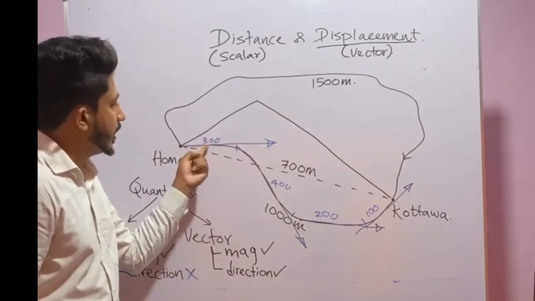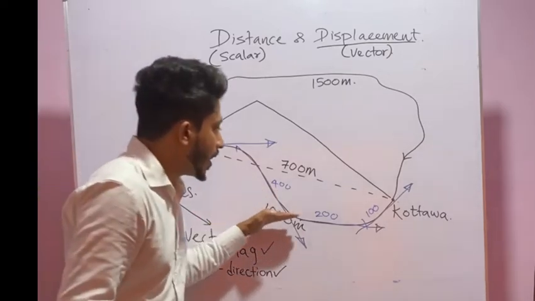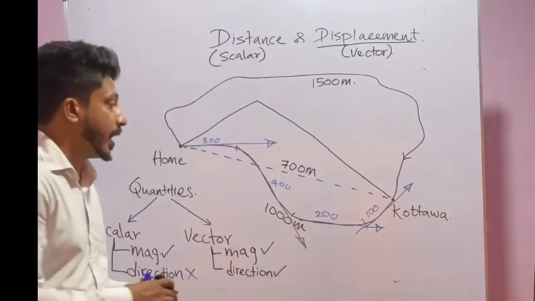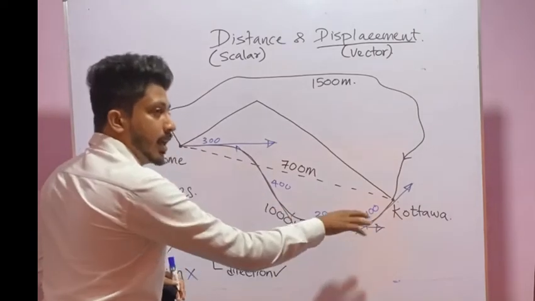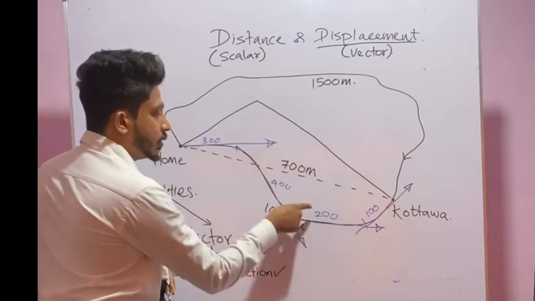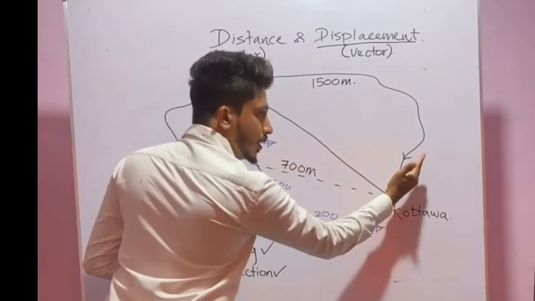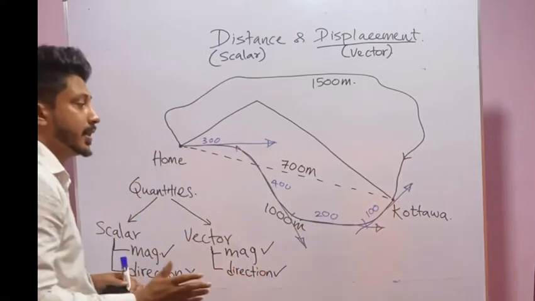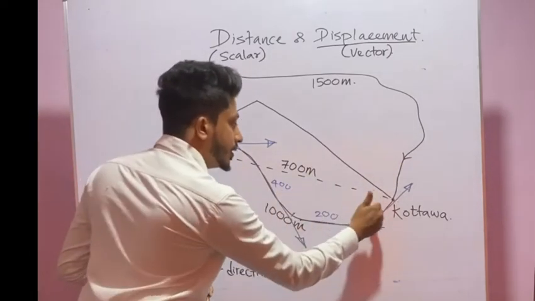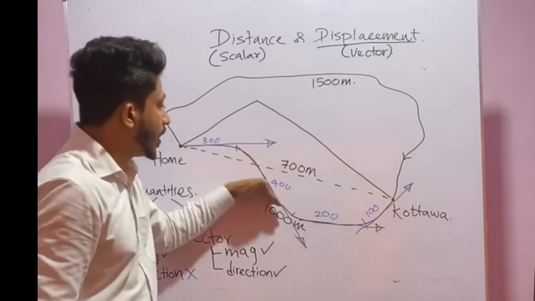I just take this and add to this number. Then I have traveled this direction, but I haven't considered the direction. I just add these total figures to this number. And then I have changed my direction, but I haven't considered that. I just add this 100 to the previous figure. That is how I came with 1000 meters.